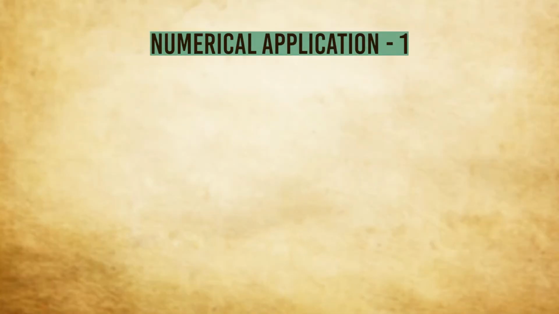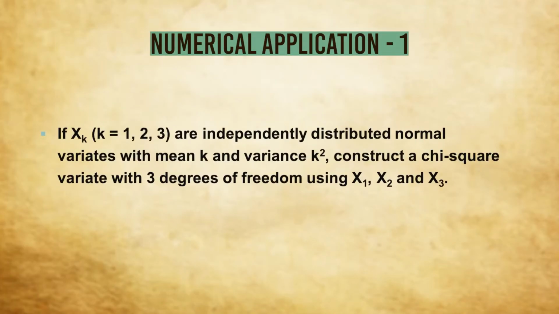The first one: if xk, k running from 1 to 3, that is, x1, x2 and x3, are independently distributed normal variables with mean k and variance k square, the problem is to construct a chi-square distribution with 3 degrees of freedom using x1, x2 and x3. I'd like to remind you that a chi-square distribution is nothing but the sum of squares of n independent standard normal variates.